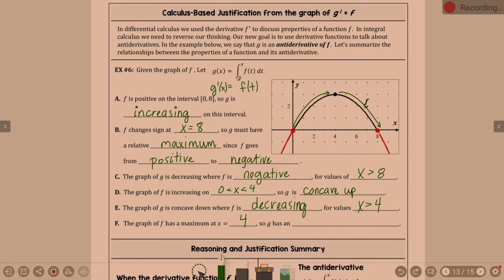Here it was concave up from 0 to 4. Here it's decreasing, it's concave down after 4, so it is an inflection point. And I'm going to have to come up with some better ways to relate that all. I don't have the best tools in my toolbox to relate that right now.